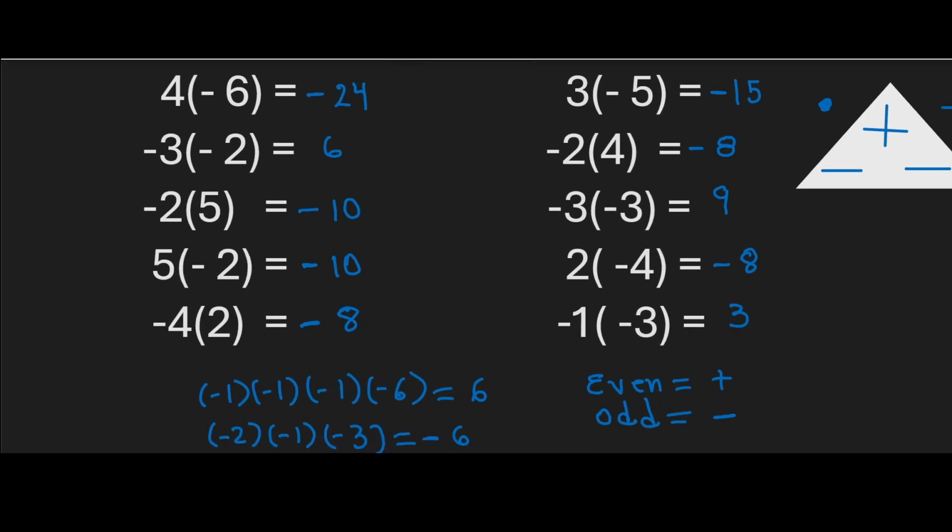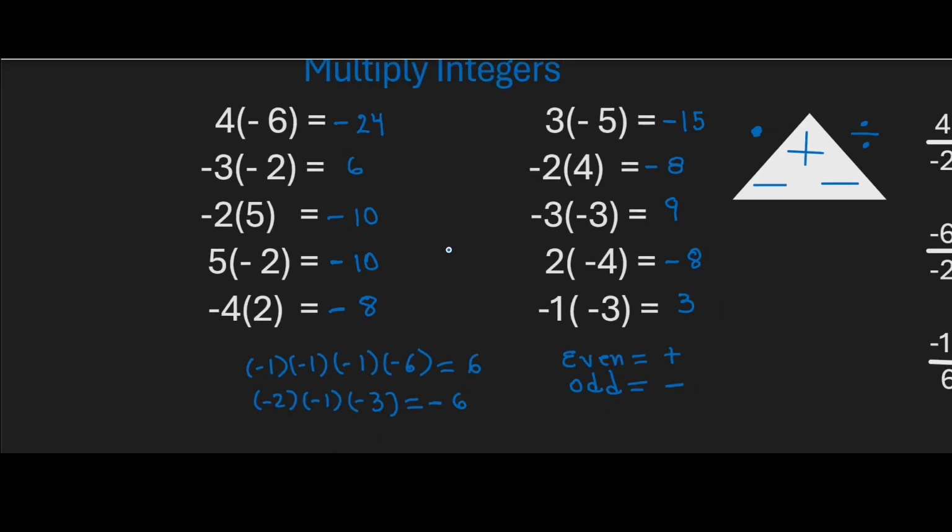For example, you have 1 and 2. Number 2 is even. That tells you the answer should be positive. In this multiplication, you have only one negative. Well, number 1 is an odd number. That tells you the answer should be negative. And then multiply the two numbers. All right? So you can do it either way. That's it.